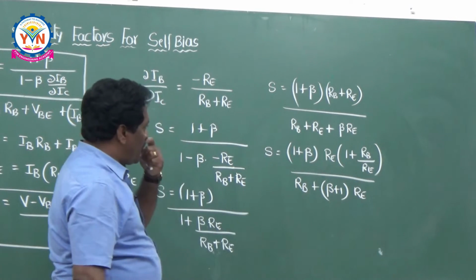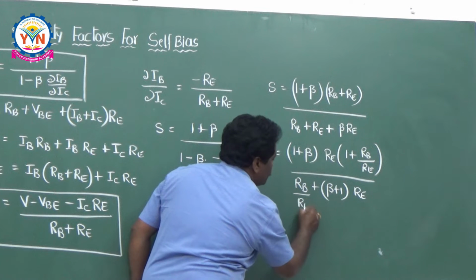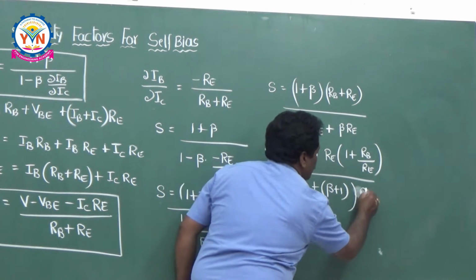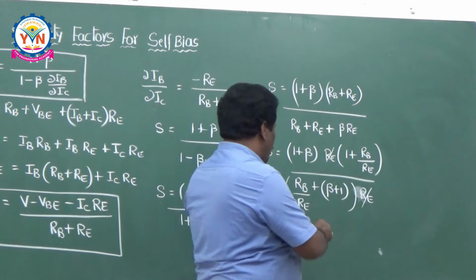I want to take RE as common here. Therefore, it becomes RB by RE, and RE and RE will be cancelled. Therefore, what is your stability factor?